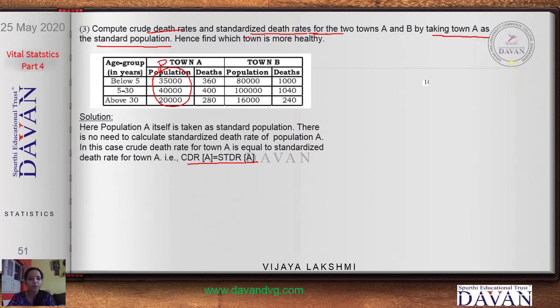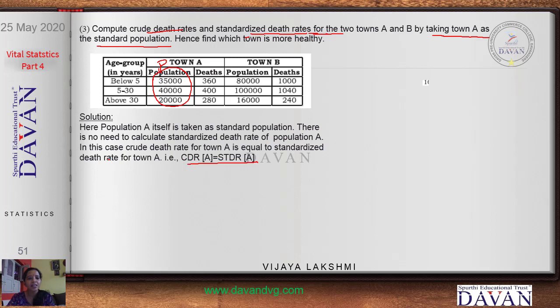You need not compute the STDR here. Compute the CDR and that value will be equal to the STDR value. Whatever I have said has been written here. Here population A itself is taken as the standard population, so there is no need to calculate the standardized death rate of population A.